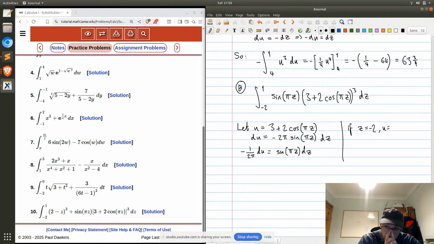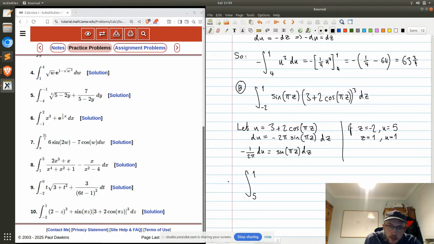And then it's 2 times that. So 2, and then add 3, so 5. And z equal to 1: cosine of pi is negative 1. So it's negative 2. 3 minus 2 is 1.